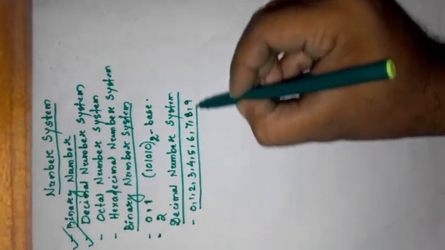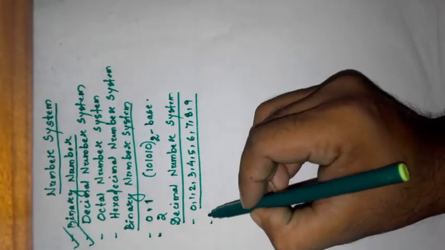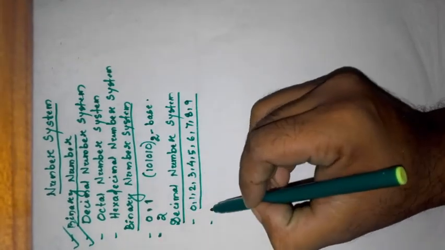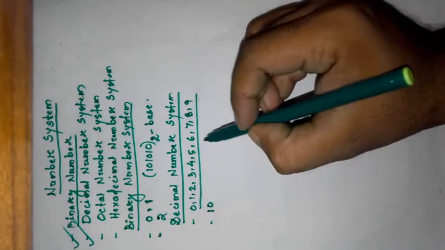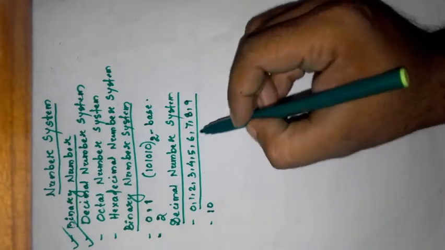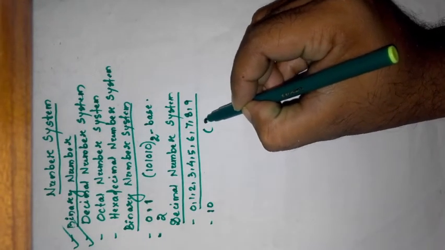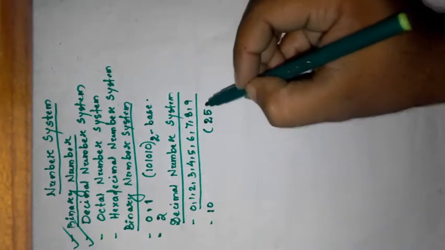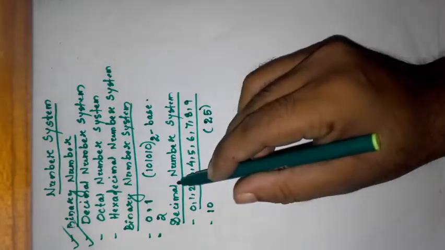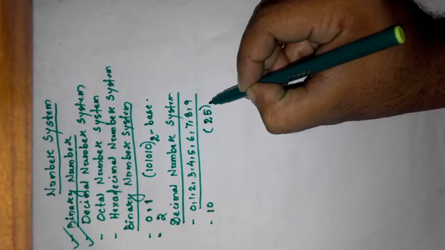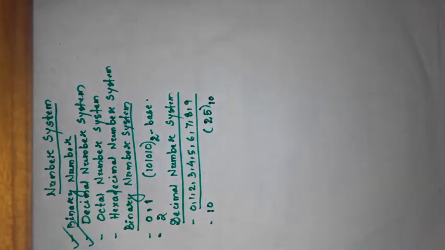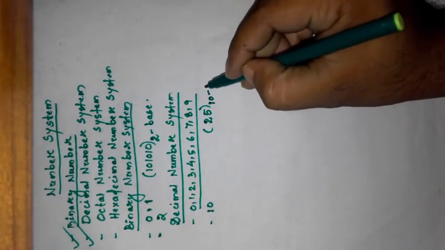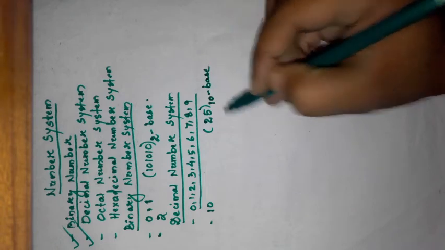There are 10 digits, so the base of the decimal number system is 10. How do we write? Suppose your decimal number is like 25. It is a decimal number, so the base is 10. So we have to write 25 base 10.